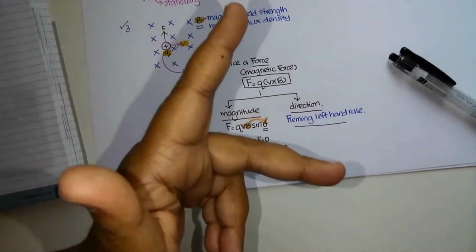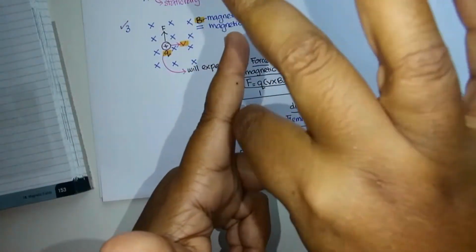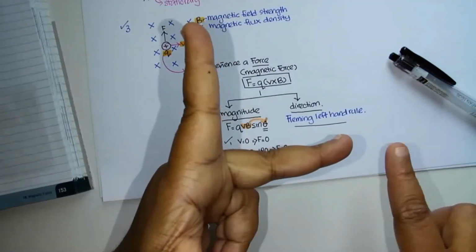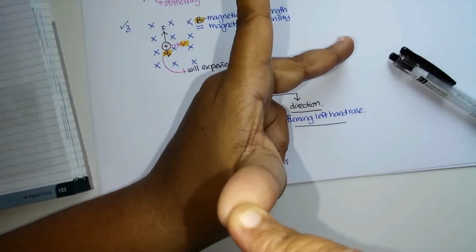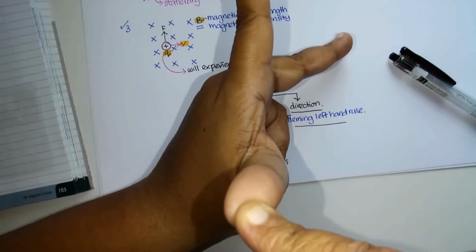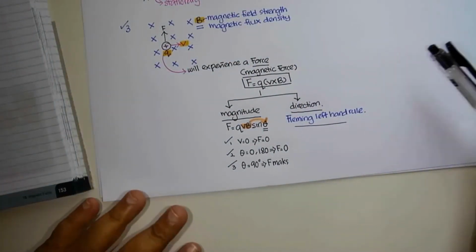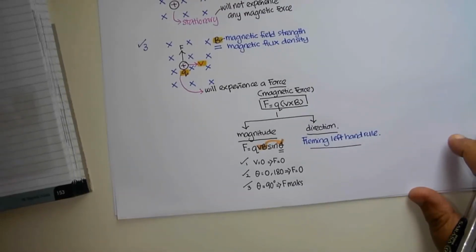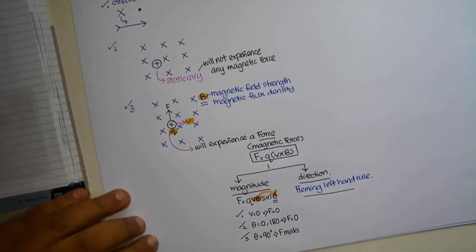Theta is the angle between B and V, so when they are at a 90 degree angle to each other, then F is maximum. That is the keyword. So this is point number 3. Okay, that's all.